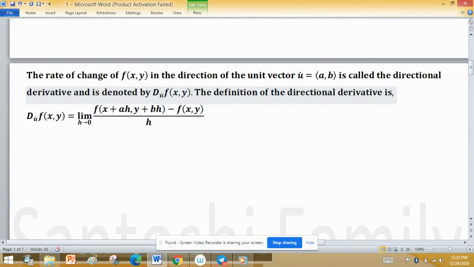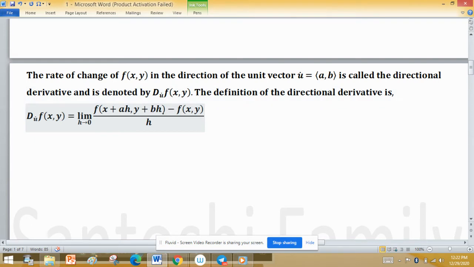The definition of directional derivative is limit h tends to 0 of f(x plus ah, comma y plus bh) minus f(x, y), upon h. Here a is the first component of the unit vector and b is the second component.